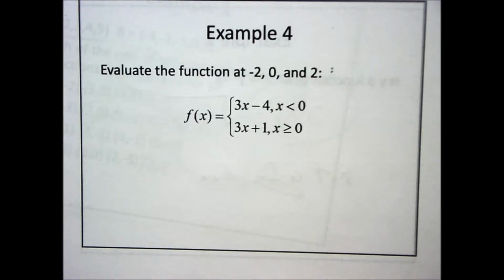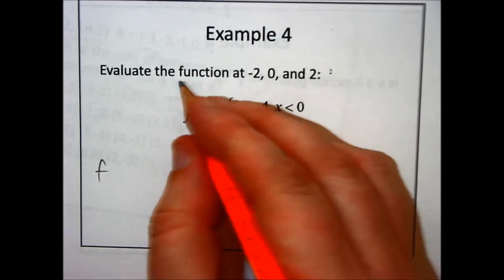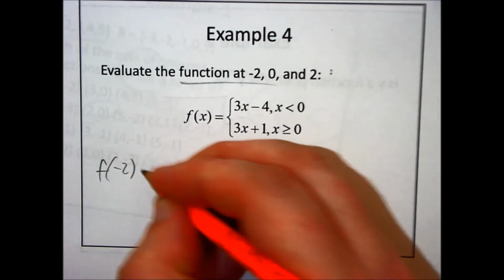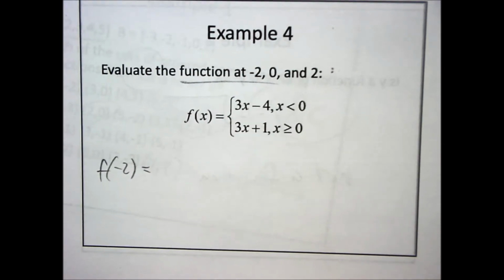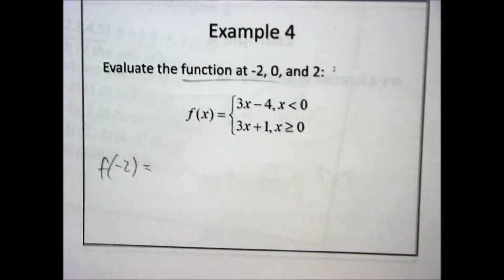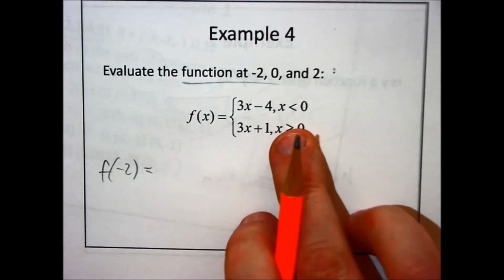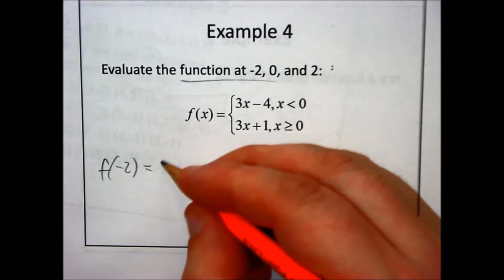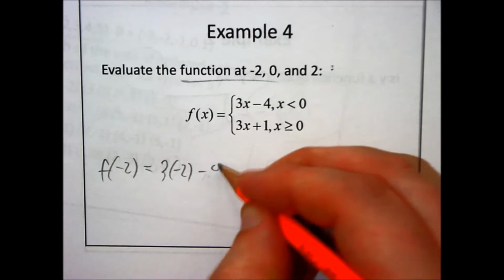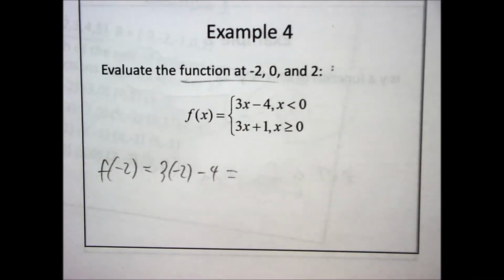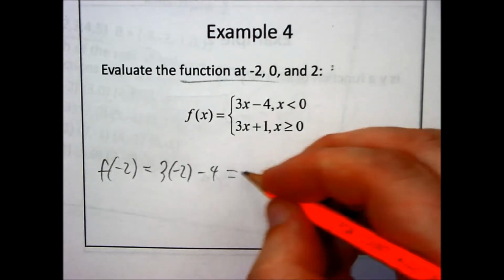Arithmetic-wise, it's not hard. Because if I want to find the function at negative 2, what am I going to do with the negative 2? Plug it into which? The top one. When x is less than 0, plug it in there. So I'm going to take 3 times negative 2 minus 4, which gives me negative 10.